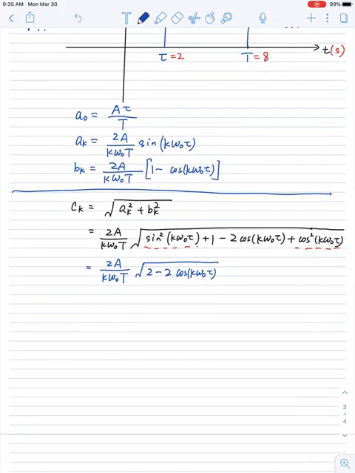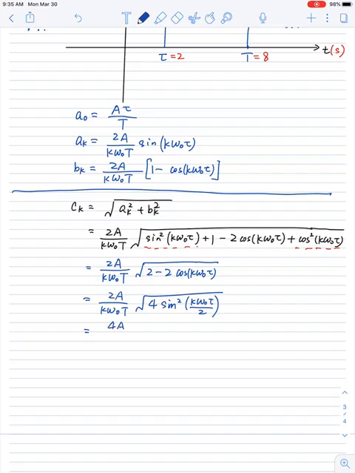Now, by further using the properties of a cosine function, we can further get this is equal to 2A K omega 0 T multiplied with the square root of 4 times sine square K omega 0 tau divided by 2.